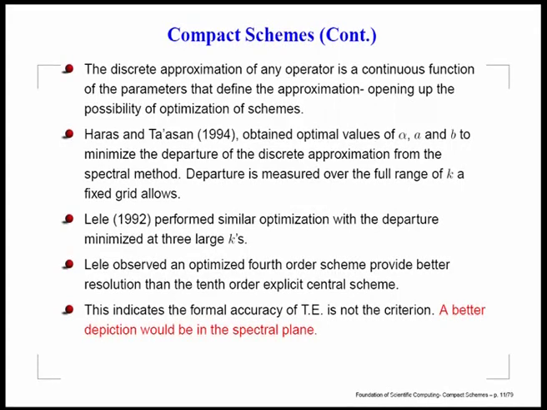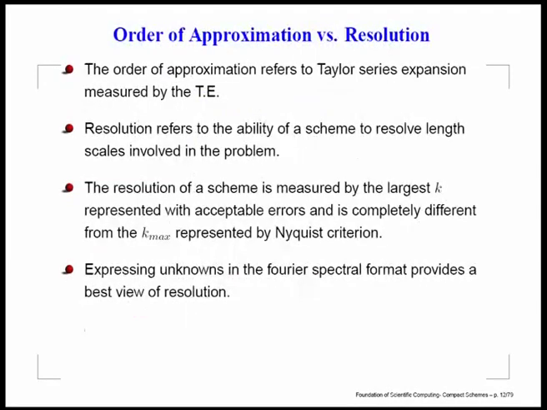For example, a fourth order scheme that Lele obtained was outperforming a 10th order explicit scheme. So basically that made us observe that we really should not be bothered too much about looking at the truncation error. Instead, we should try to find out in the k space what is happening to the error. That is the whole rule of this game.